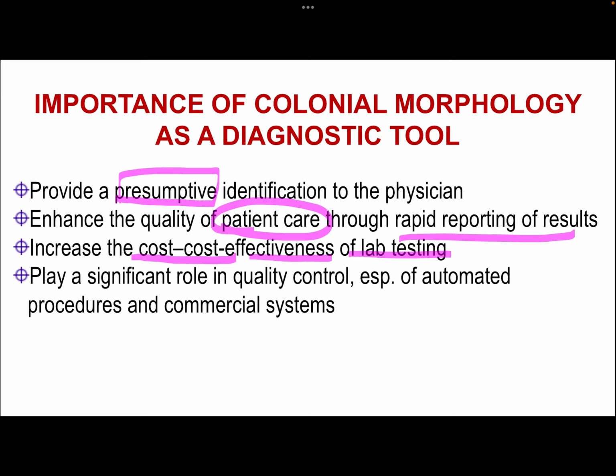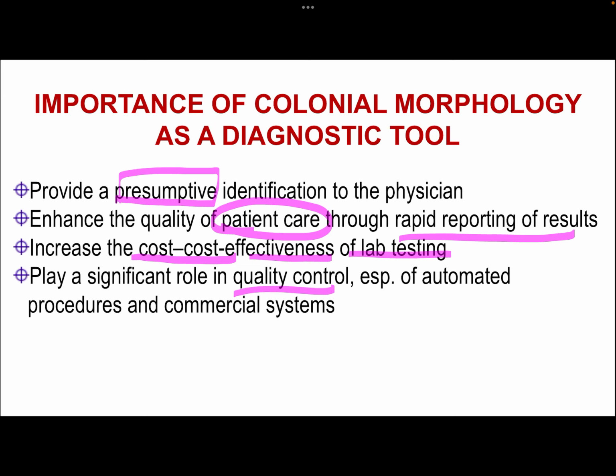And another thing, it plays a significant role in QC or quality control, especially of automated procedures and commercial systems. Take note, class, that although there are a lot of machines already in the laboratory, we are still using control microorganisms. I have mentioned in my previous discussion about stock culture.